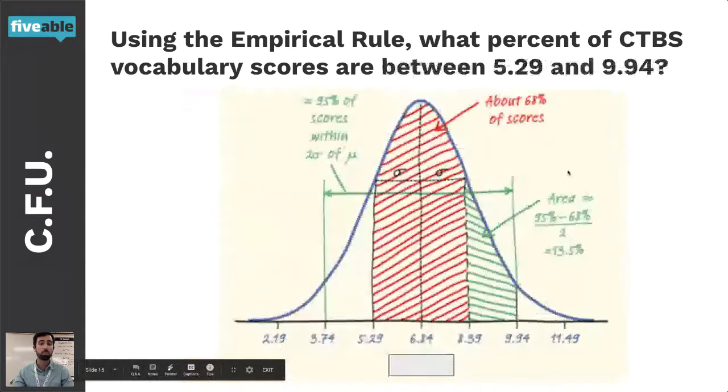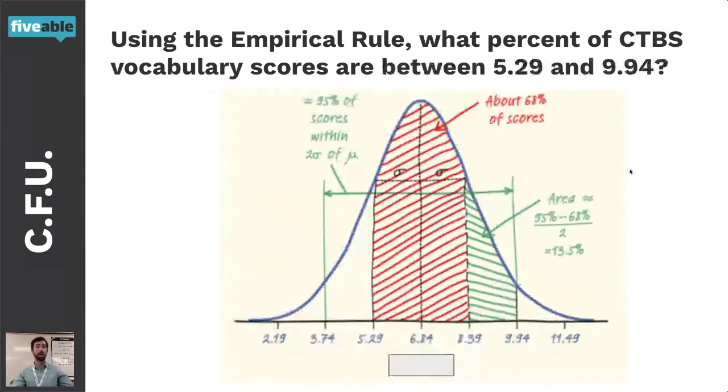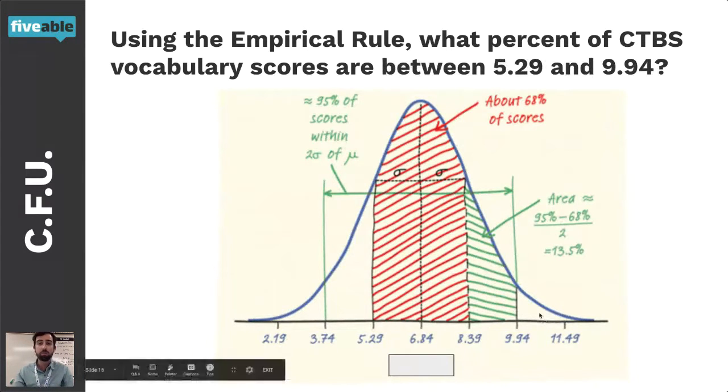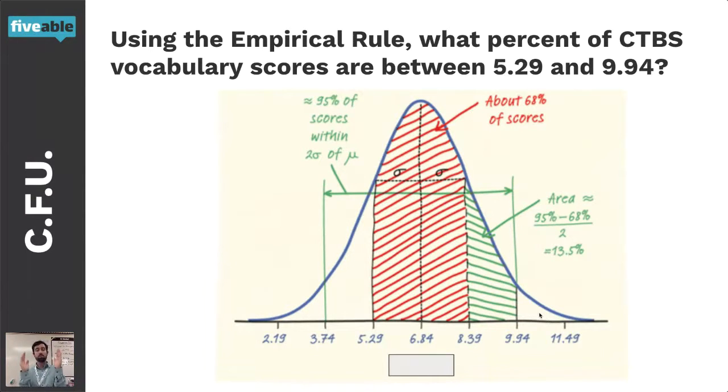What if I wanted to know the proportion that falls between 5.29 and 9.94? Again, we can use the empirical rule here because we're using full standard deviations. 5.29 is 1 standard deviation below, and 9.94 is 2 standard deviations above. So I know if I go out 1 standard deviation, I'm covering that 68%, which is right there. And if I go out another standard deviation, I'm covering 95%.